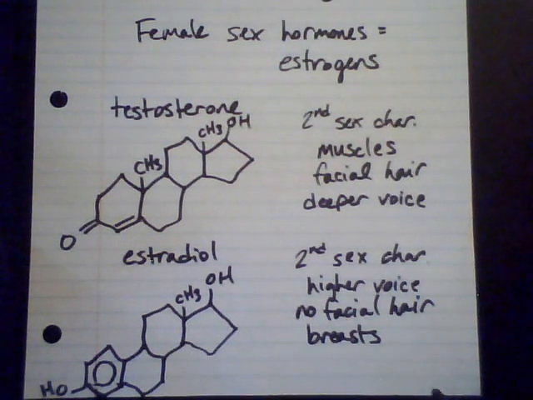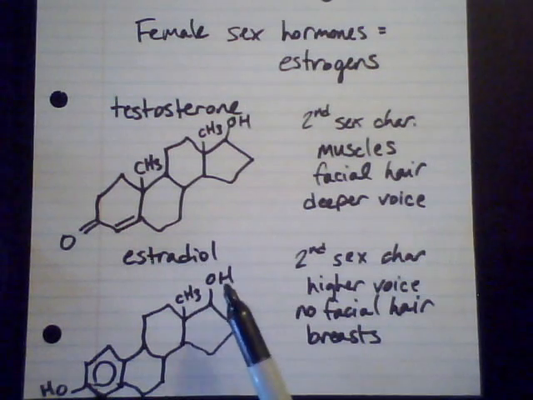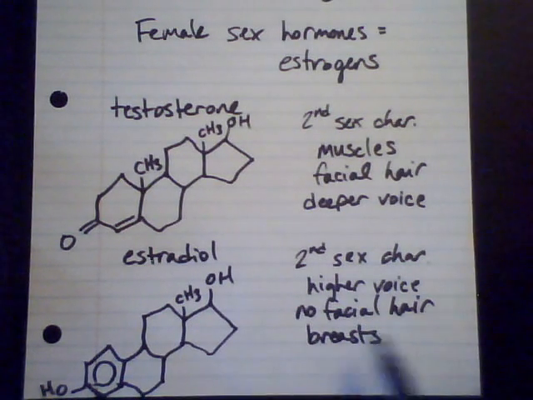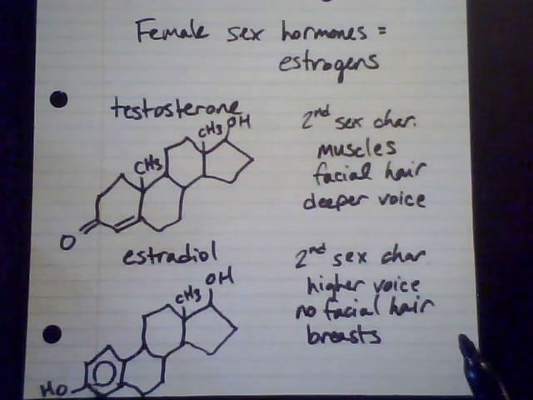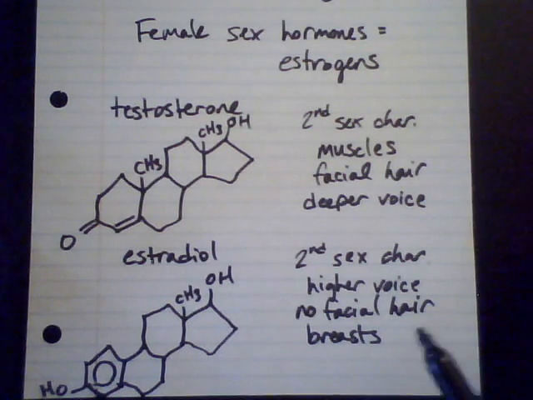So for women, if we're talking about the facial hair issue, as we get older we go through menopause later in life, and menopause is the time when we start producing fewer of our sex hormones, so we have fewer estrogens around. And one of them that we have fewer of is estradiol. And if we have less estradiol, then the thing that's preventing us from getting facial hair is reduced. And sometimes you'll see, as women get older, they tend to get more and more facial hair. And so that's when waxing comes into play.